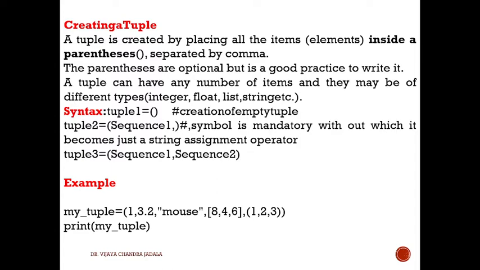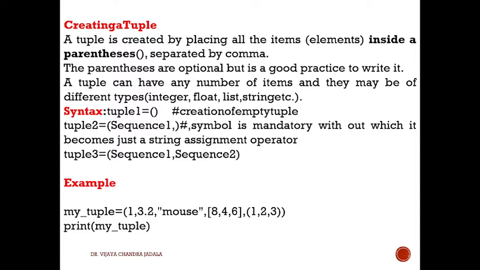The parentheses are optional but it is good practice to write them. A tuple can have any number of items and they may be of different types: integer, float, list, strings, etc.